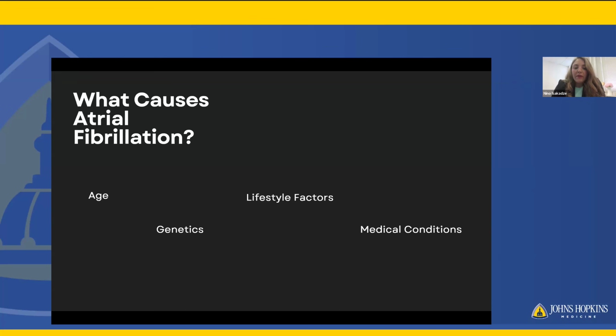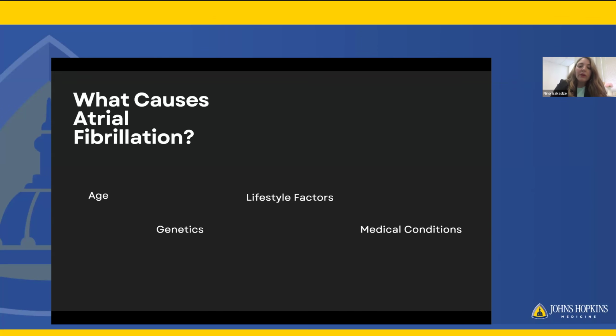Another contributing factor is genetics, some genes that we may be born with. If atrial fibrillation is detected before age 45, that's when we think genes may be among the contributing factors for why a person develops atrial fibrillation early on, and we usually recommend genetic testing at that stage.